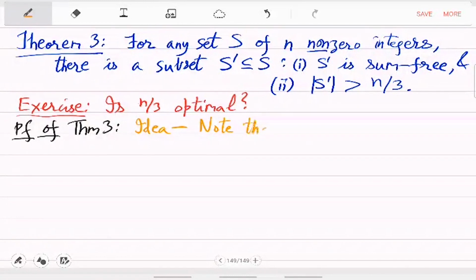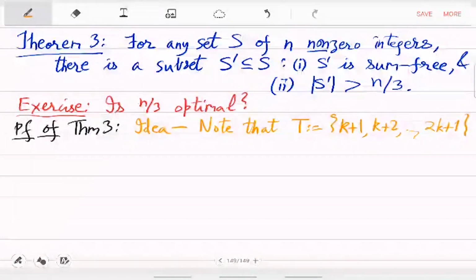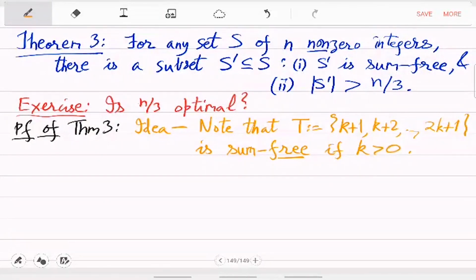So note that the subset T, k plus 1, k plus 2, up to 2k plus 1, this window or interval of numbers, is always sum free. There is a problem if you take k equal to 0, but from k equal to 1 onwards, it is okay.